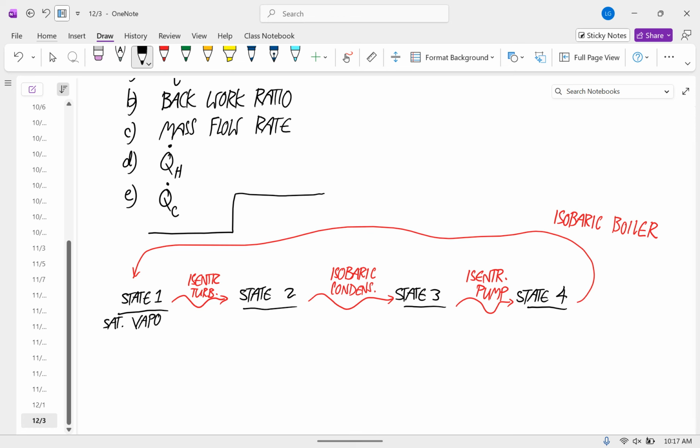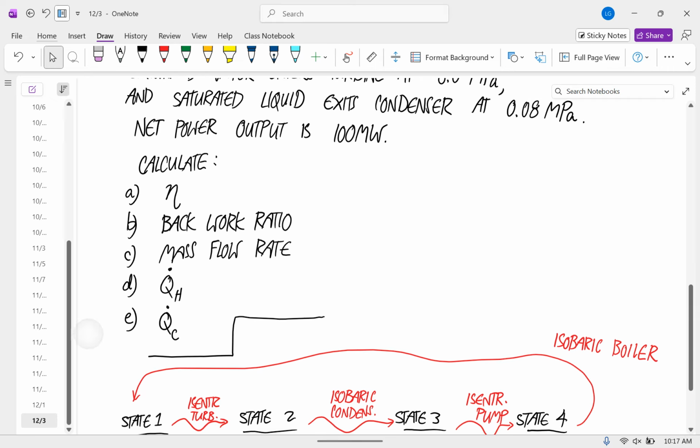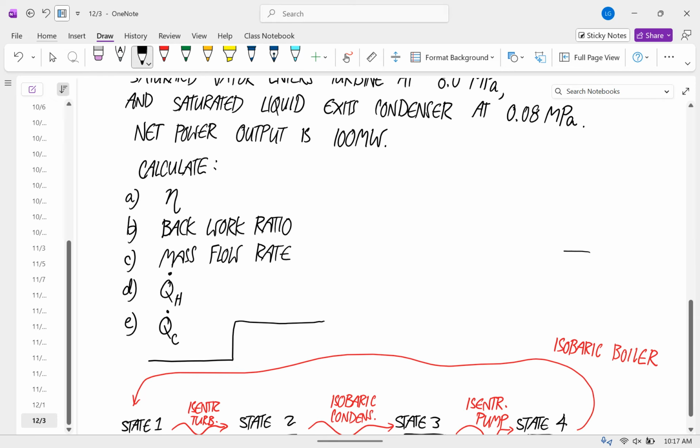If it didn't say saturated vapor, but it said that this is an ideal Rankine cycle, then you would remember that an ideal Rankine cycle always has these properties.